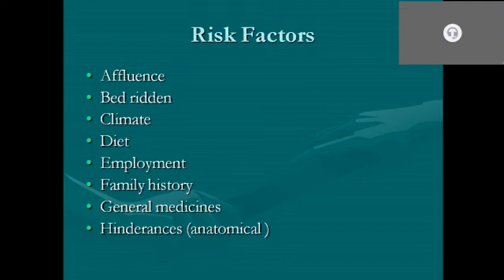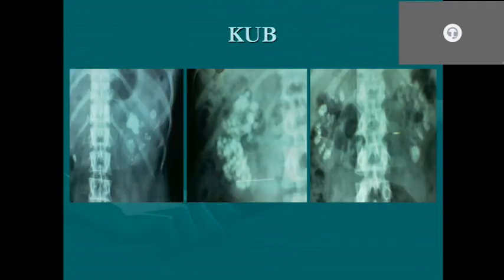And anatomical hindrances like BPH, stricture urethra, ureteric stricture, PUJ obstruction, or any abnormal anatomical obstruction of the pelvicalyceal system can lead to stasis of urine and subsequently infection and formation of stones.